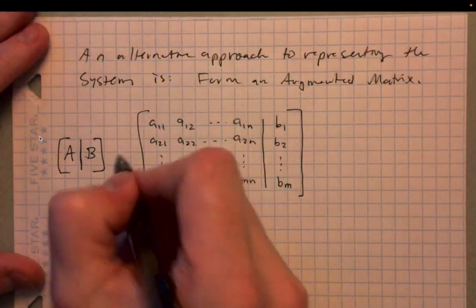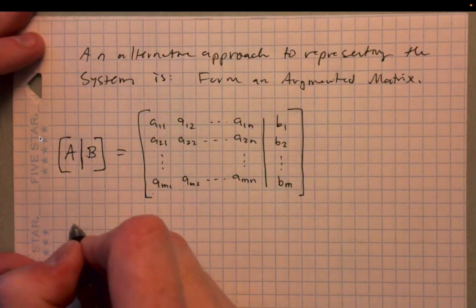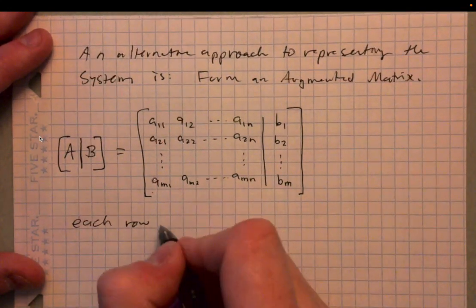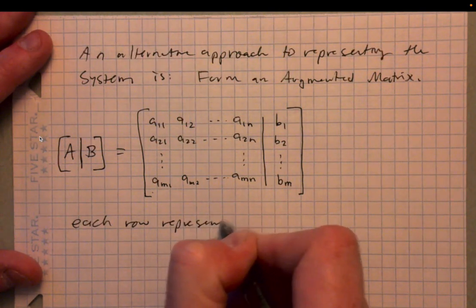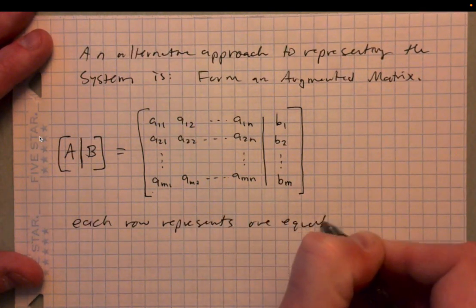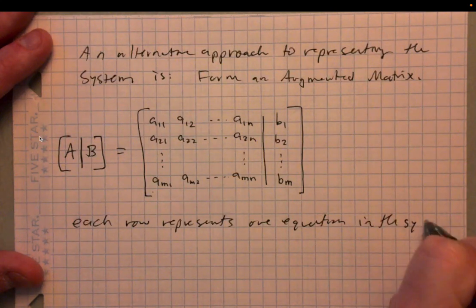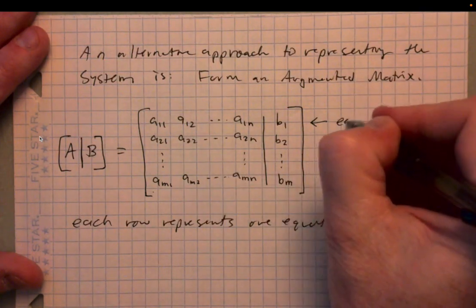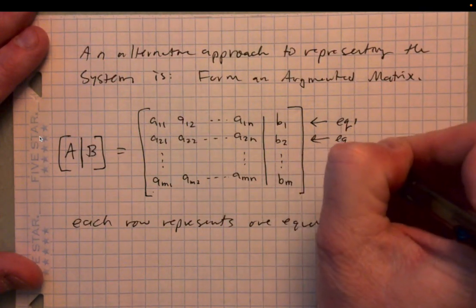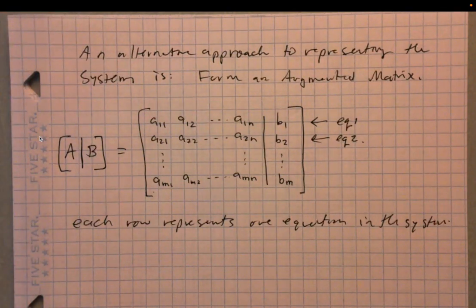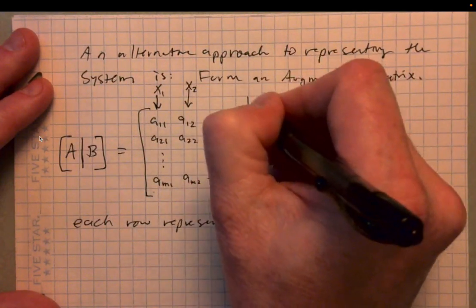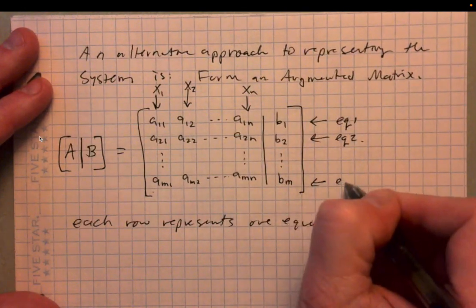And so you can see that in this case each row represents one equation in the system. Clearly this is equation 1, this is equation 2, and this is obviously equation m. Each of the columns still represents the variables: this is the x1s, these are the x2s, these are the xn's.